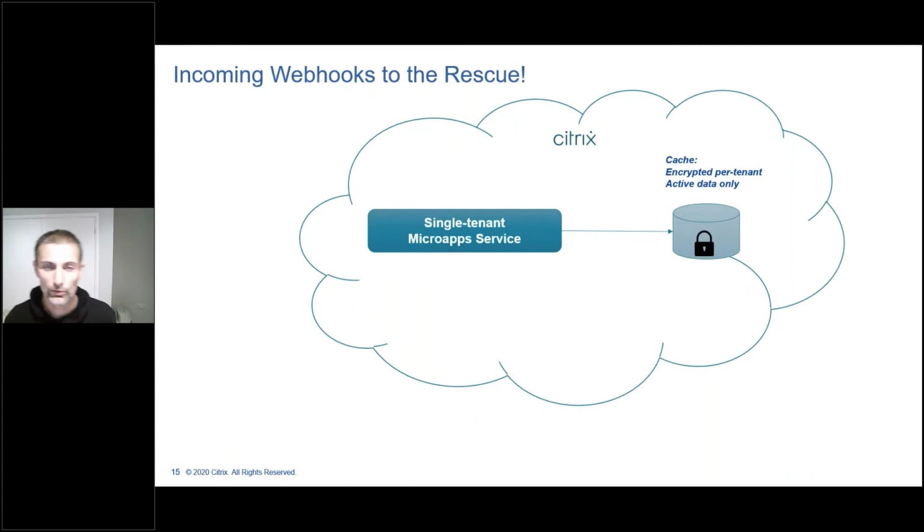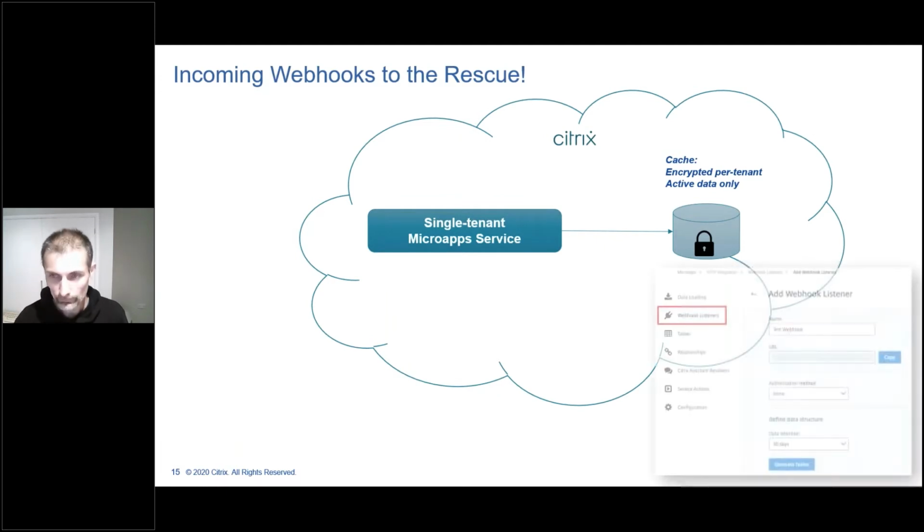Here is my Citrix Cloud again, a little bit more simplified now because I haven't bothered to put the integration blue box there. Here's the UI, and you'll notice here that we've got a little red box around Webhook listeners. So if you create a new HTTP integration, you can configure a Webhook listener. What that really means is it's an incoming webhook, so you get given a URI that's unique to your tenant.